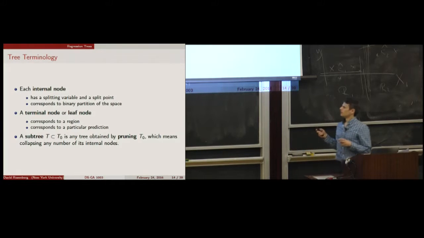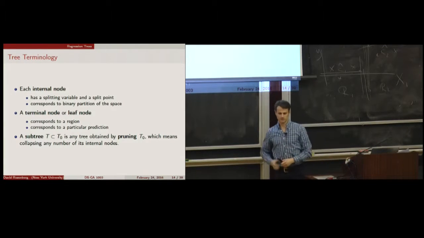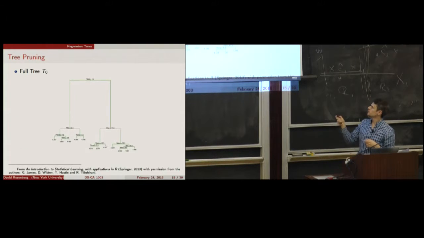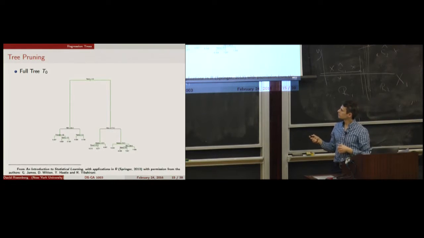So if T0 is our full tree, growing all the way out until every node has, like, at most 5 points, T would be a subtree of that. So that just means we collapse regions and put them together. So if this is a full tree, you can see it gets very small, these splits at the bottom. So the subtree would be, for instance, if we took all of these regions and collapsed them and just only had one decision going left, right?